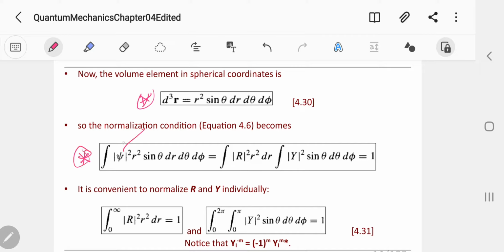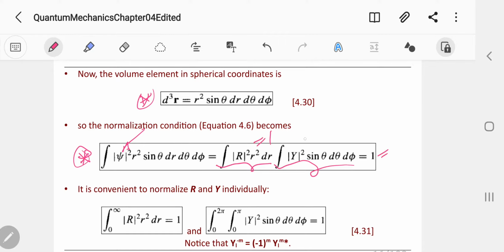Since your wave function can be separated into products of radial and angular contributions, your radial wave function would have a separate integral multiplied by a separate integral of the angular wave function, and that's just equal to 1.